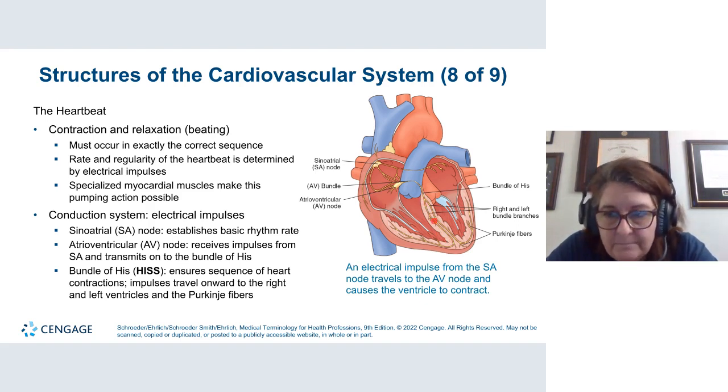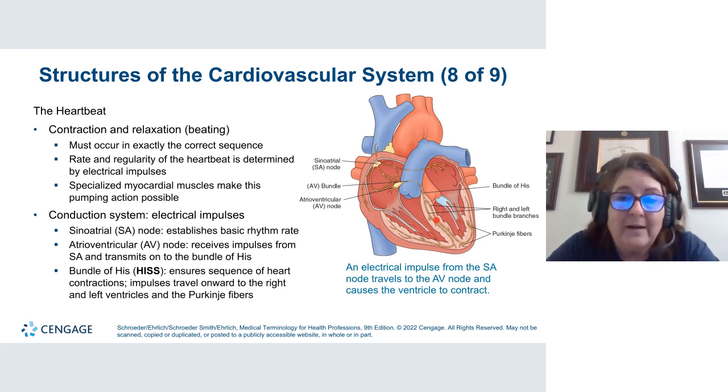You can see there are two different connections called bundle branches, a right and a left bundle branch. So it's called the bundle of His, and then it splits off into your bundle branches. That also gives out an electrical impulse that will be a backup heartbeat.